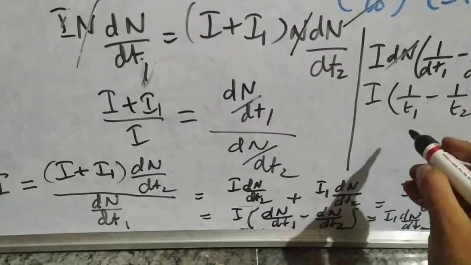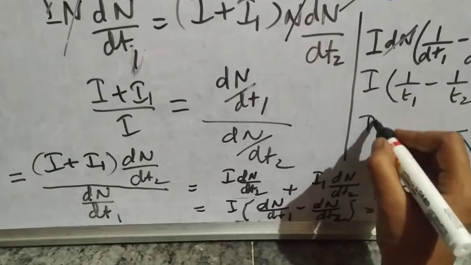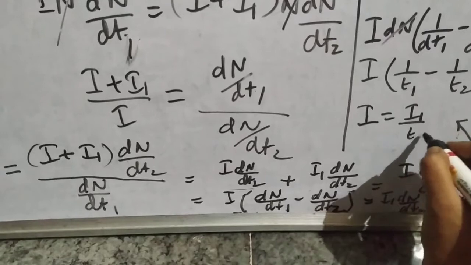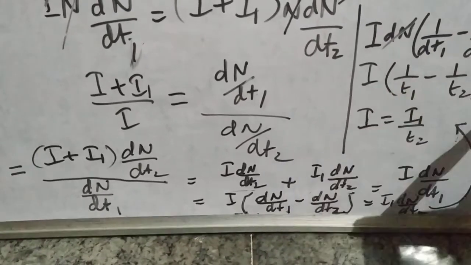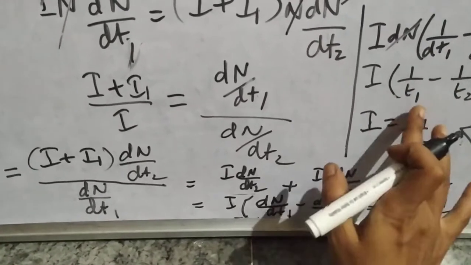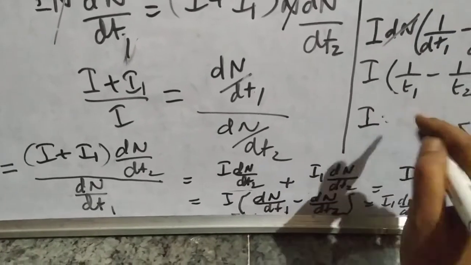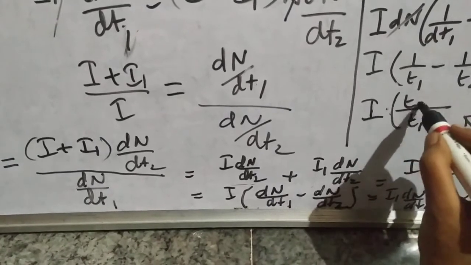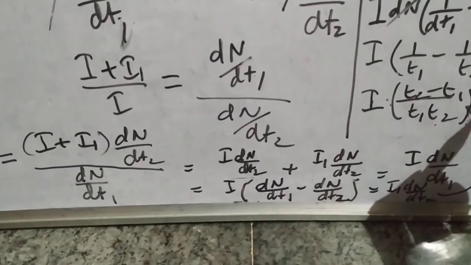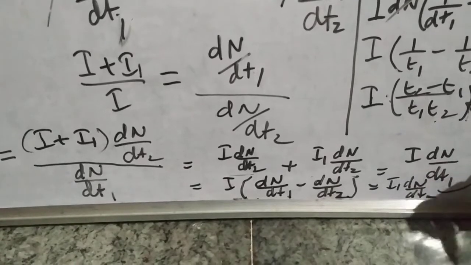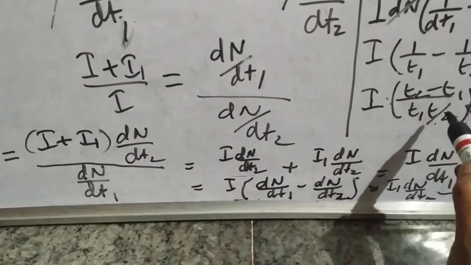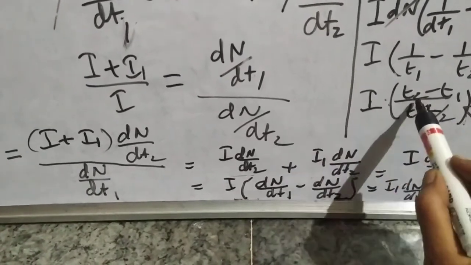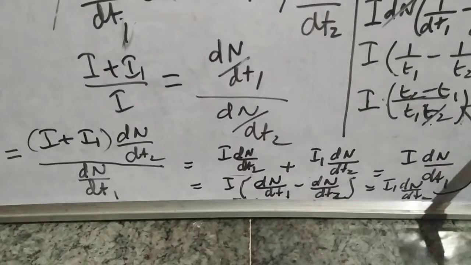So further when you simplify this, we'll get I is equal to I1 divided by t2. This one parameter you can simplify. One minute, I will do that. So here it will be t1 into t2, so this is t2 minus t1 is equal to I1 divided by t2. So here t2 gets cancelled. So further when you simplify, you will get I into t2 minus t1 divided by t1 is equal to I1.